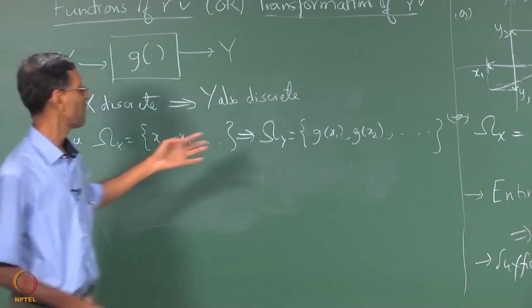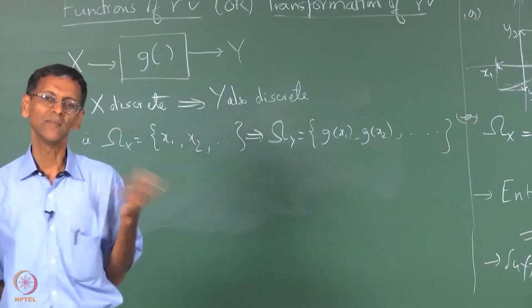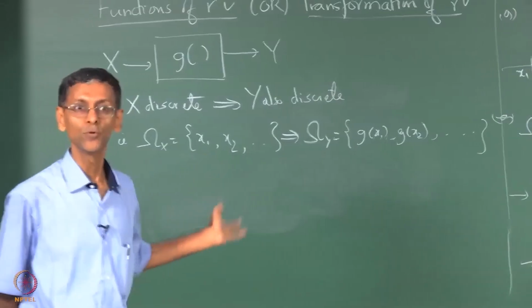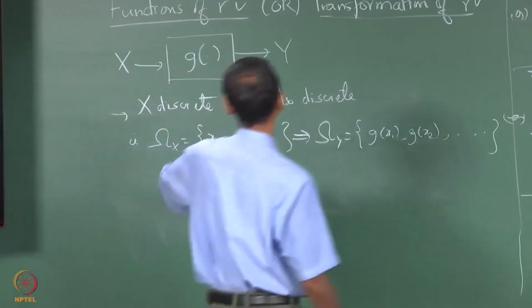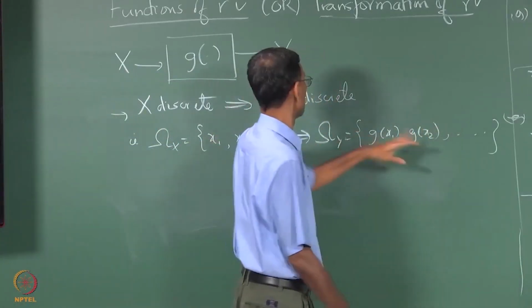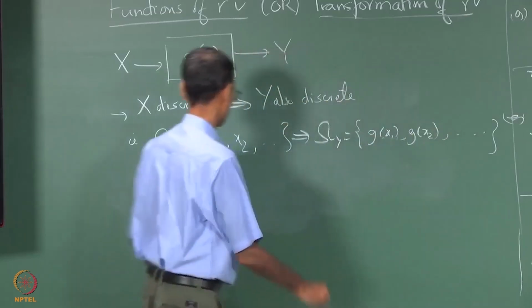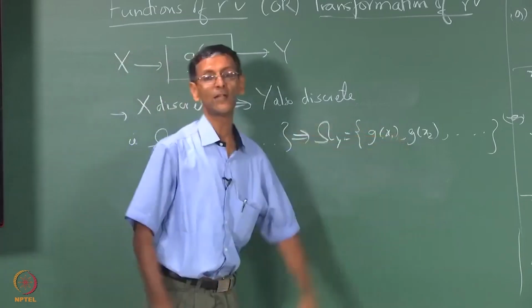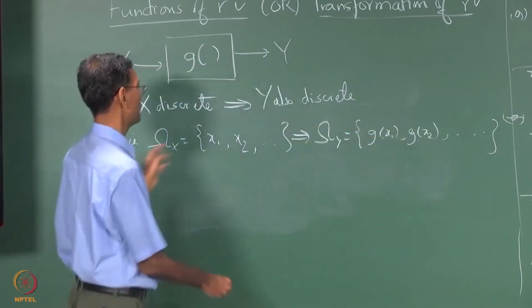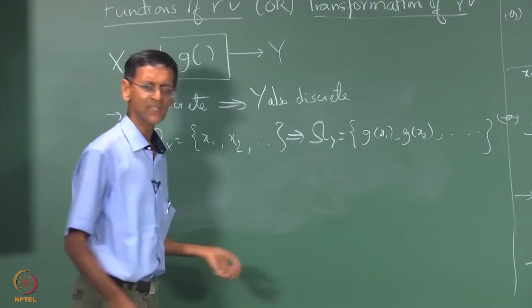Because the PMF of y is, I think, extremely easily written down. You should be able to do it at this point. Supposing g is monotonic in that for x1 there is only one value, for any xi there is only one value g of xi. What do you call such functions?